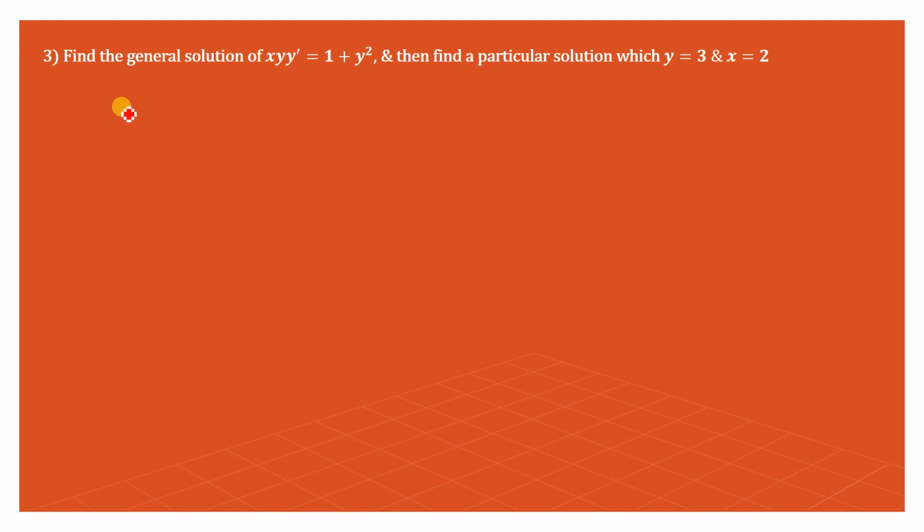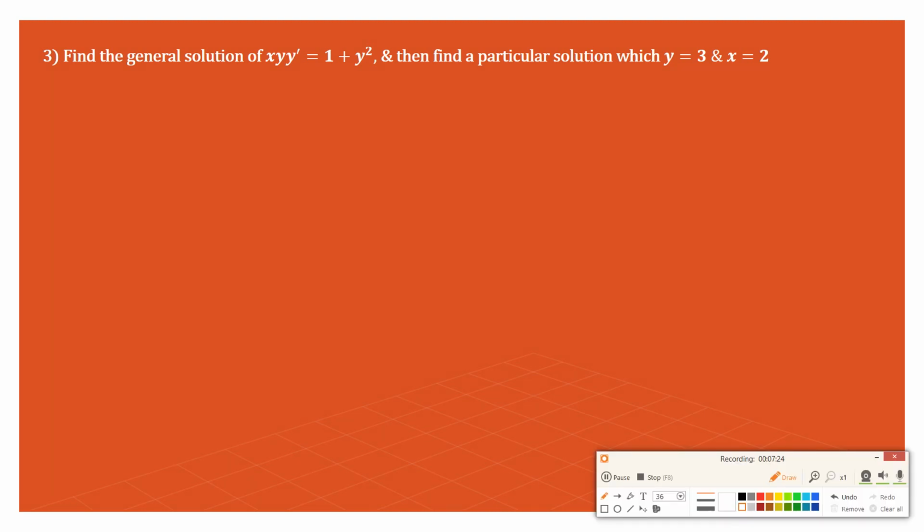So again, by rewriting the problem, yung y prime, papalitan na natin ulit ng dy over dx equals to 1 plus y squared.